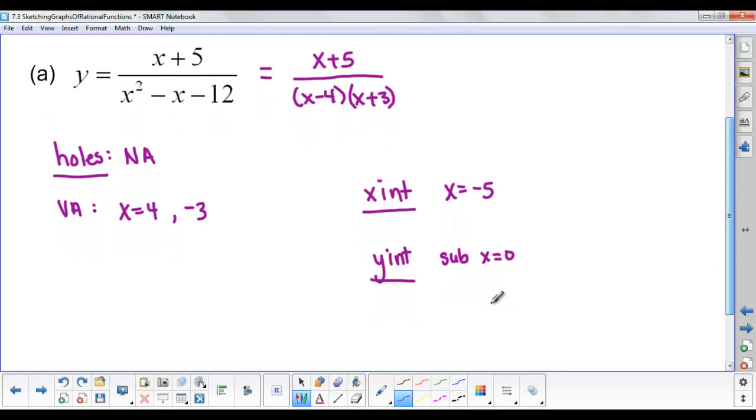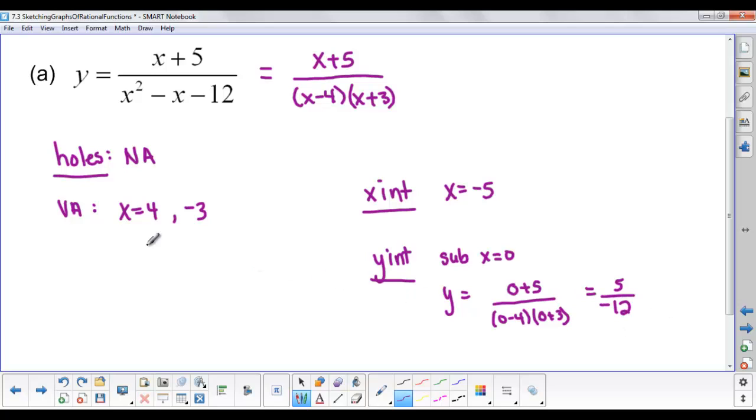So y equals 0 plus 5, and again I'm using the factored form here, over 0 minus 4 multiplied by 0 plus 3. Altogether, we have 5 over negative 4 times 3, which is negative 12.